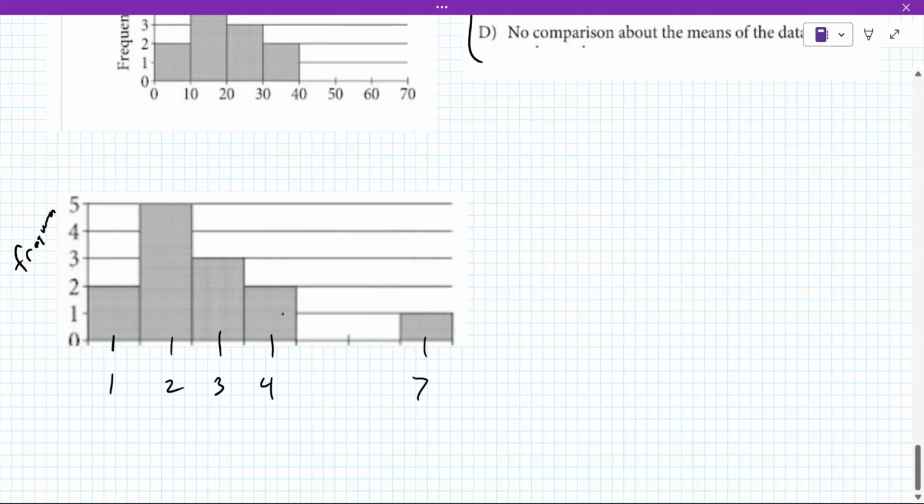Okay, so what it means in terms of your data set, this is your data set: 1, 1, 2, 2, 2, 2, 2. I want you to look at this first column here and then the second column here and tell me why this is correct, why this is the data set down here.